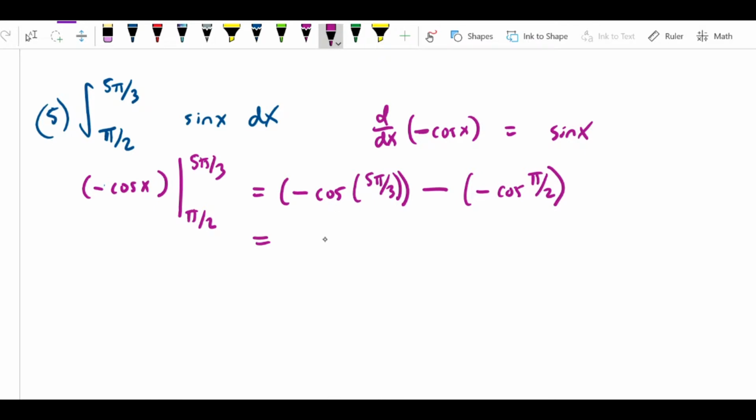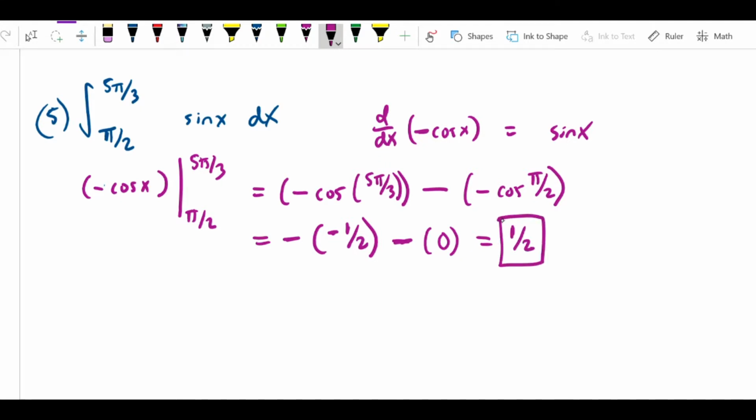That's just one of the basic unit circle values that you should be able to recognize. Then we subtract from that: cosine of pi over 2 is 0, so that's minus 0. And the answer to this is 1/2.